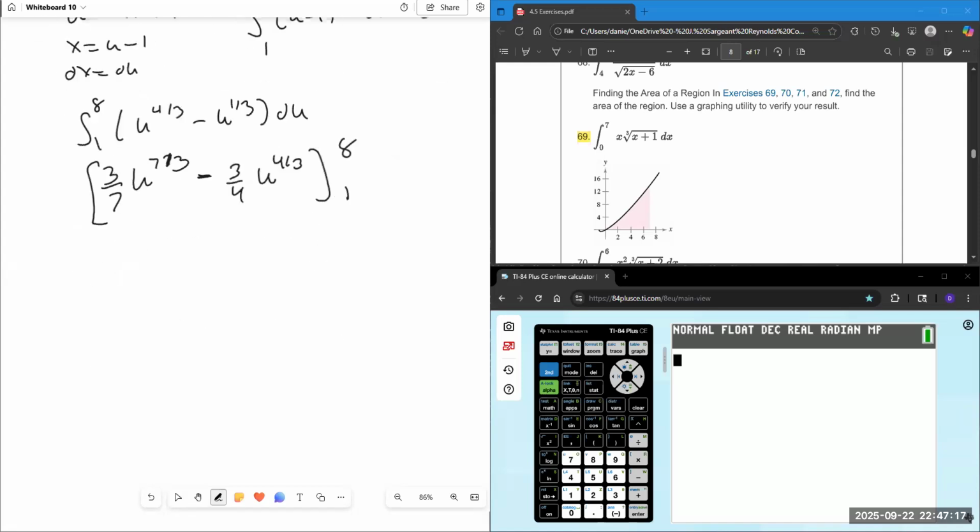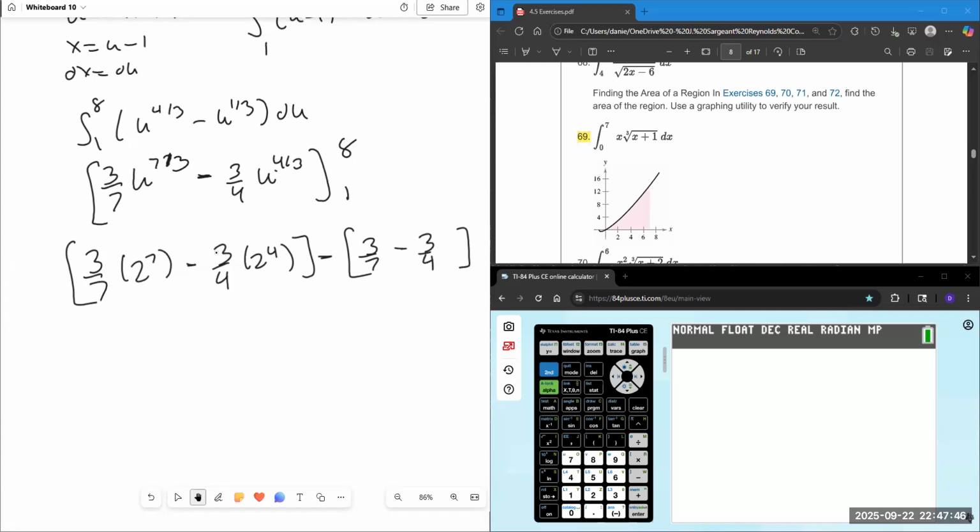So this is 3/7. Cube root of 8 is 2. 2 to the 7th minus 3/4 of cube root of 8 is 2, 2 to the 4th. So this is minus, I'm going to evaluate at 1. 3/7 times, this will all be 1, minus 3/4, and that will all be 1.